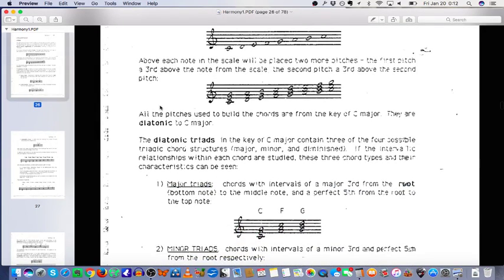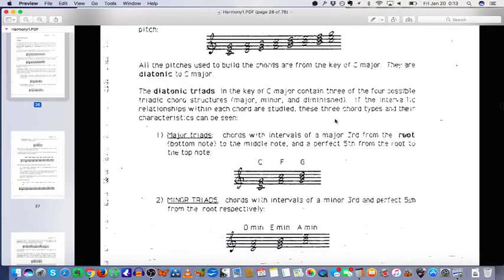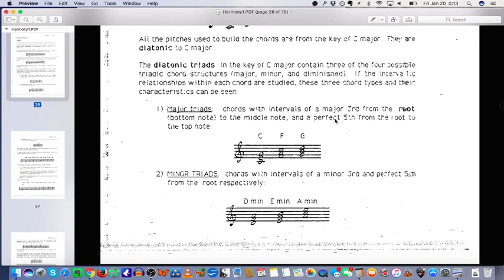So basically what we talked about. All the pitches used to build the chords in this example are from the key of C major. They are diatonic to C major. The diatonic triads in the key of C major contain 3 of the 4 possible triadic chord structures. So we got a lot of new vocabulary right here.